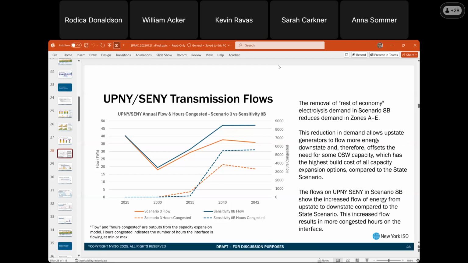I'm asking because I think one of the purposes of all those sensitivities is also to understand if the bulk process is being triggered, and for consideration of bulk upgrades. I think this piece on congested hours of various interfaces is critical for that consideration, but I don't remember seeing this before.